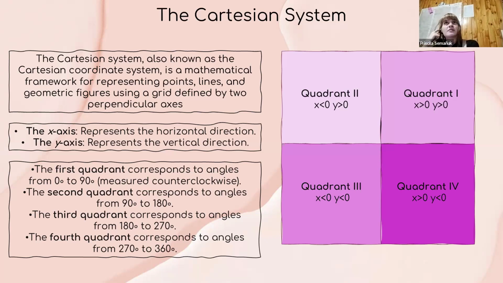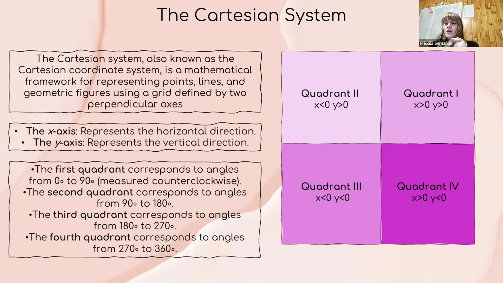X can go from 0 to infinity, but always positive. And y can go from 0 to infinity, but always positive. That will be the first quadrant. And when we see this, we can see that's a 90-degree angle at the vertex here in the middle.